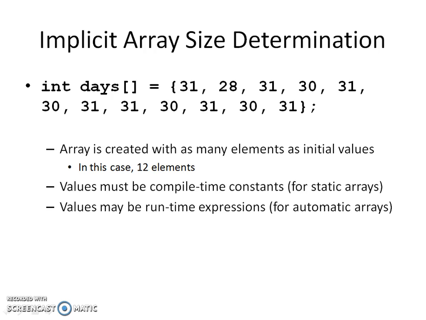So the size of the array is 12. That is the number of elements we have given in that initialization. The array is created with as many elements as initial values. So here the size of the array is defined as 12.